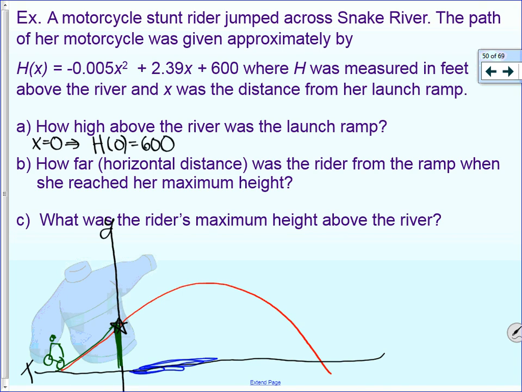And it looks like we're in B. So that's no joke. She's really high in the air there. Questions there? How far was the rider from the ramp when she reached her maximum height? How do I find that?